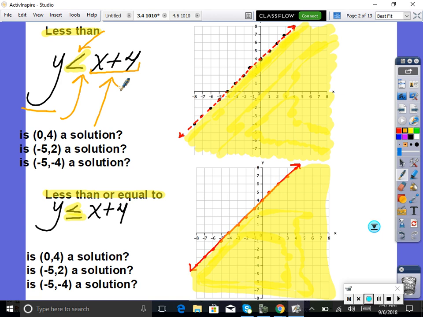Did you see how it literally reads exactly how it's seen? Any y value below, because it's less than, below the line is a solution. So I go to the line, and what are the y values below it? All of these down here. Anything in the shaded region is a solution. This is just a way to show all the solutions. Graphing it is helping us see the solutions.